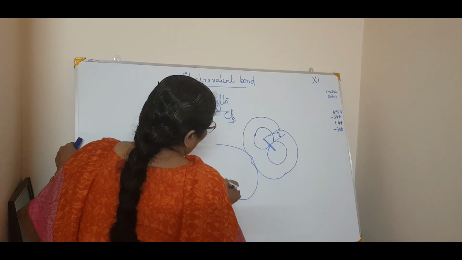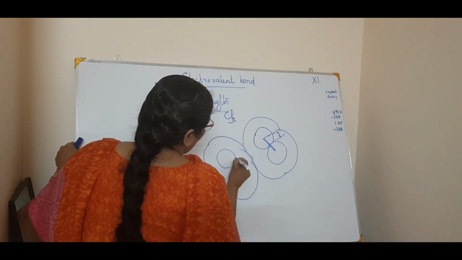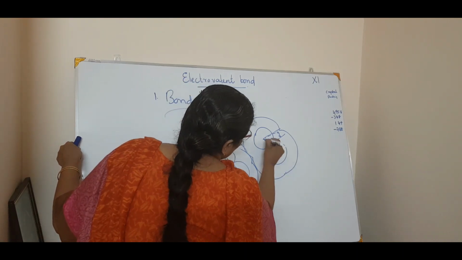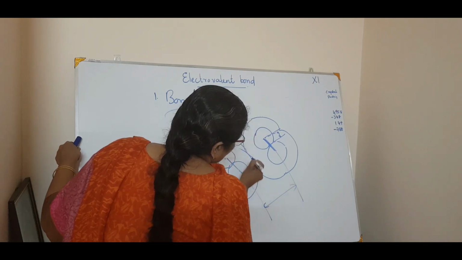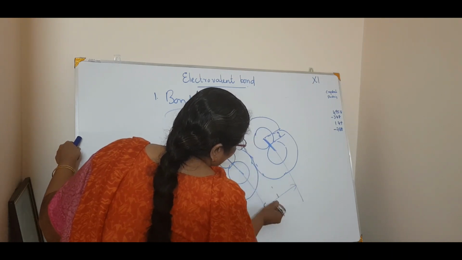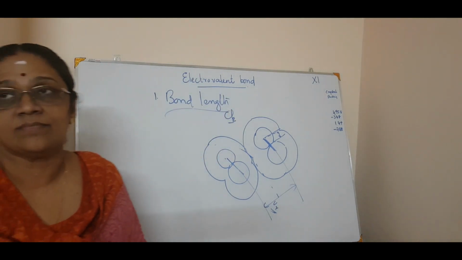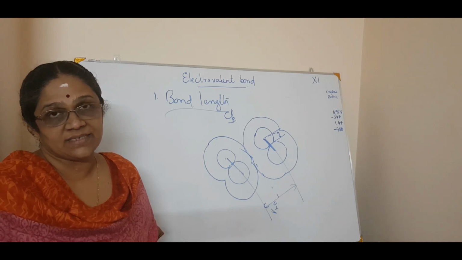Then half the distance between these two is called the van der Waals radius.